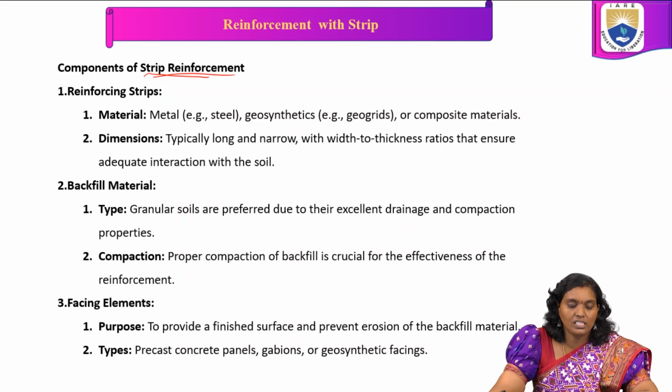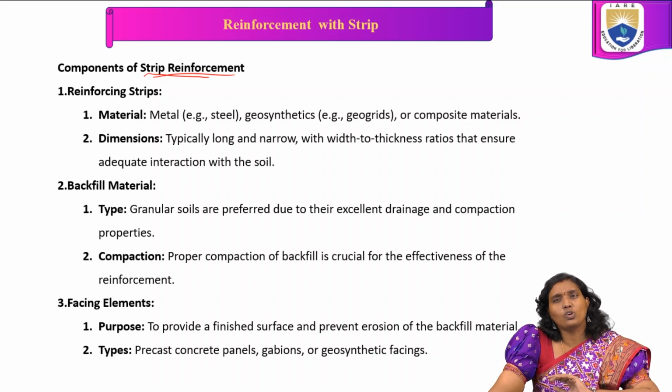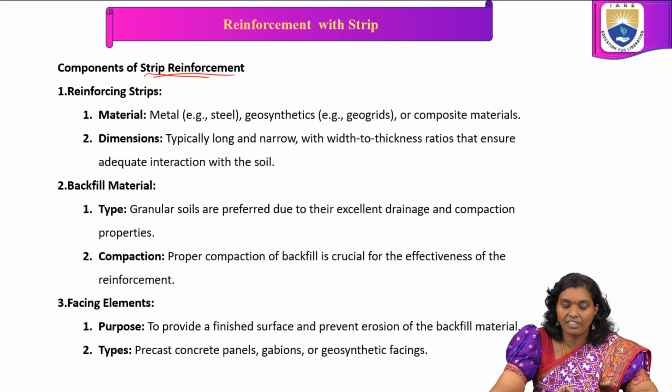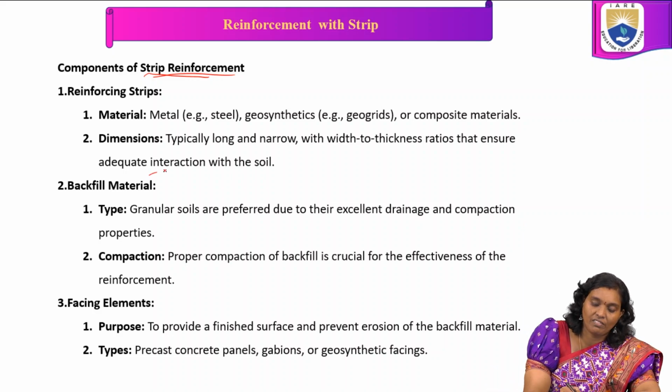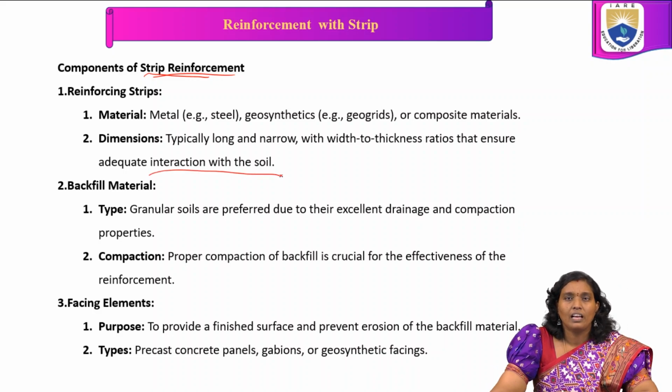In the reinforcing strips, we use materials such as steel, metal, geosynthetics or composite materials. Coming to the dimensions, the reinforcement strips are typically long and narrow, with width to thickness ratios that ensure adequate interaction with the soil.